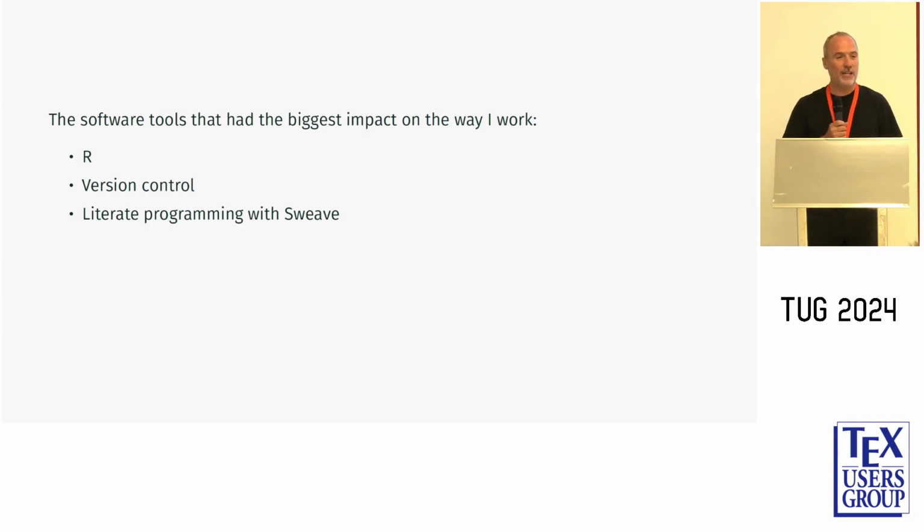Second, eventually I ended up using version control. Again, might be quite obvious for many of you, especially the gentleman there who has the t-shirt with a Git joke. And eventually I also learned about literate programming when the Sweave system to do literate programming with R appeared.